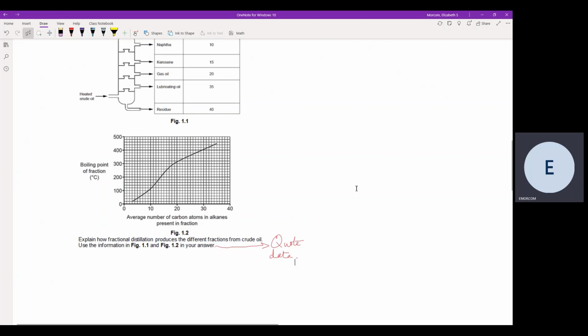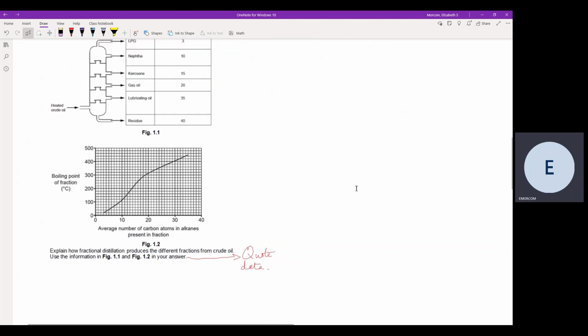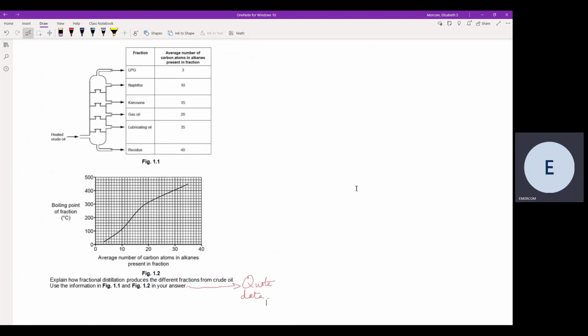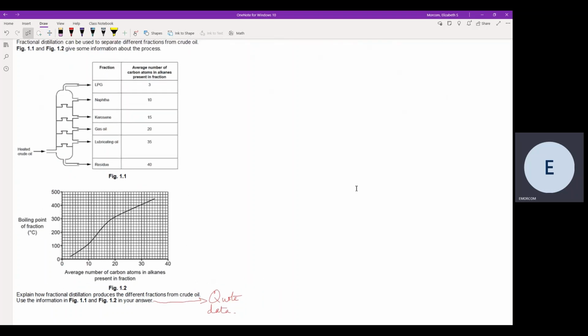We would be able to get 6 marks if we were just asked to do the first part, but in this particular question's case, we've got to include using the data to get our final marks. Okay, so let's write what we know about fractional distillation, and then let's tie in how this data backs that up.